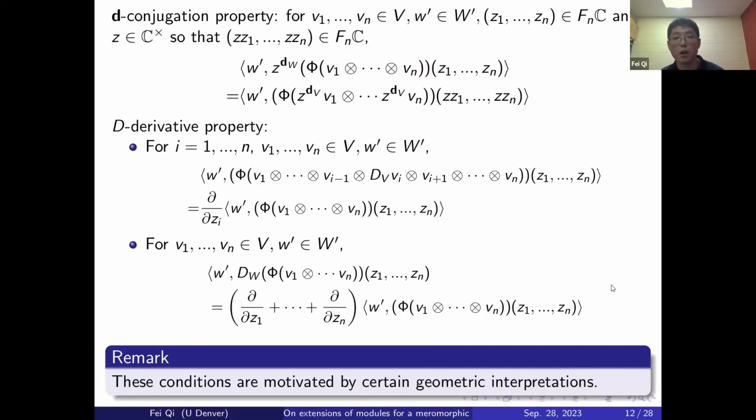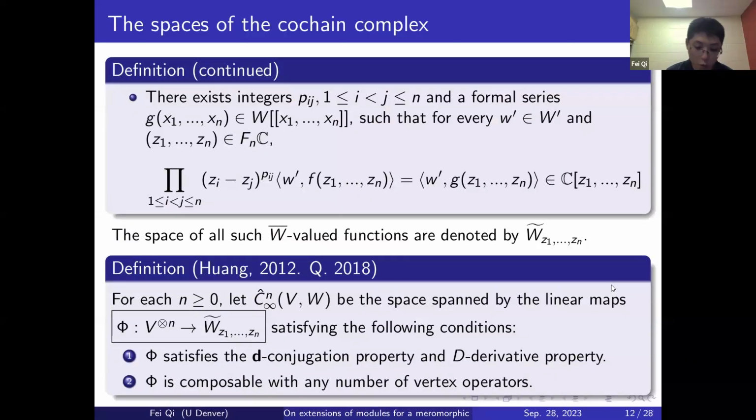Similarly, the maps we choose for the cochain complexes should admit a very similar geometric interpretation. And in order to have those nice geometric properties, they have to behave well with the L0 and L-1 operators.